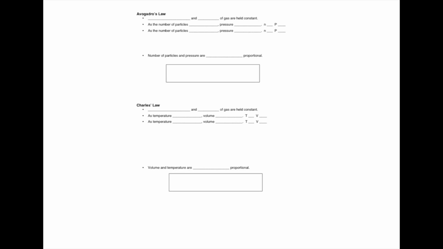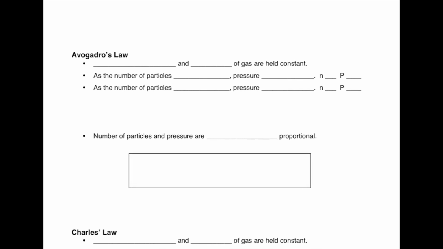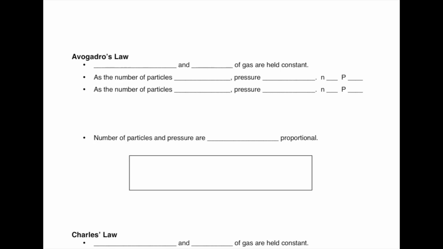So let's look at our next relationship. And this one now has to do with pressure and number of particles, right? So in this instance, then we're going to keep volume and temperature constant, okay? So let's look at this then.